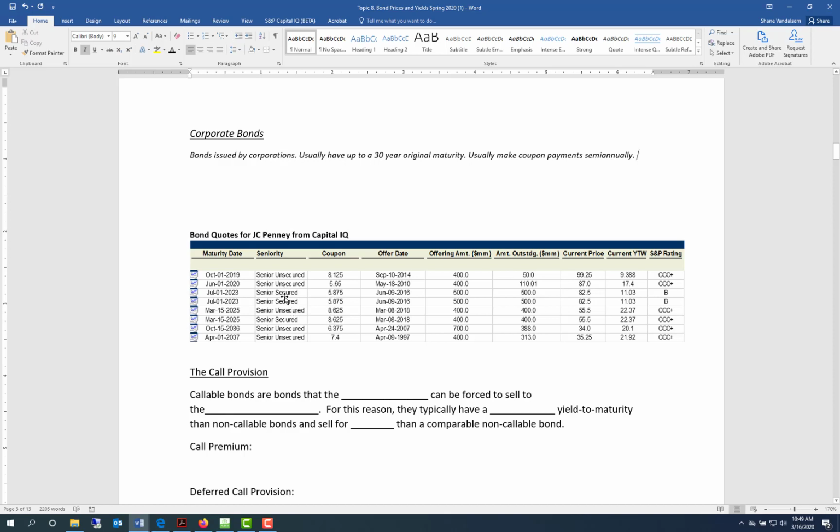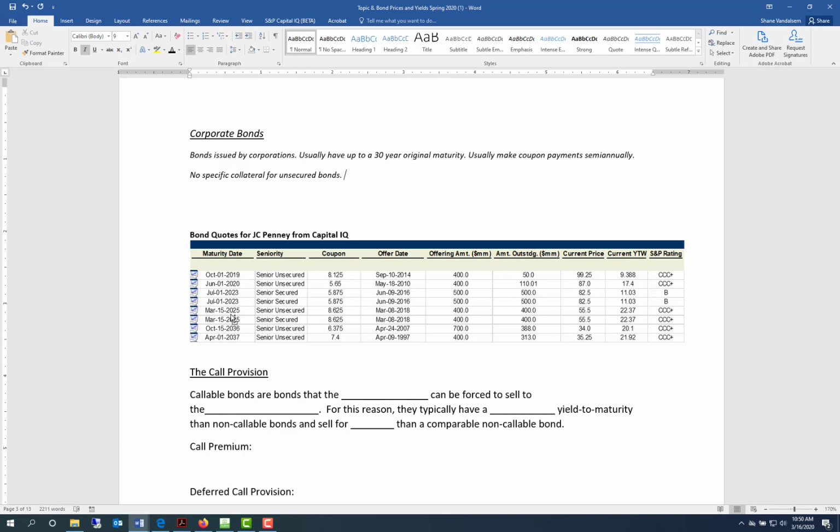And the difference between the two is that for unsecured bonds, there's no specific collateral. Secured bonds will always have collateral. It's typically going to be real estate backing that up, but not always.